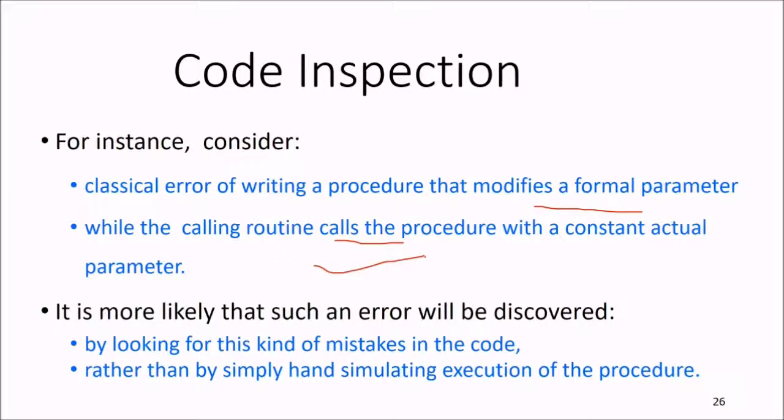It is highly likely that such errors will be discovered by looking at the mistakes in the code, rather than by simulating execution of the procedure by hand. So for that, you would need code inspection.